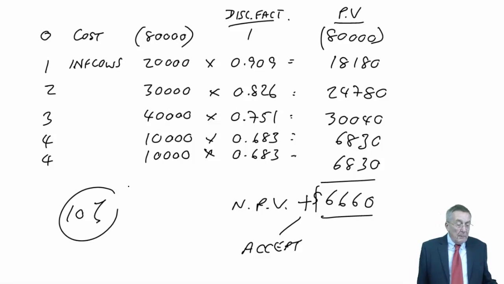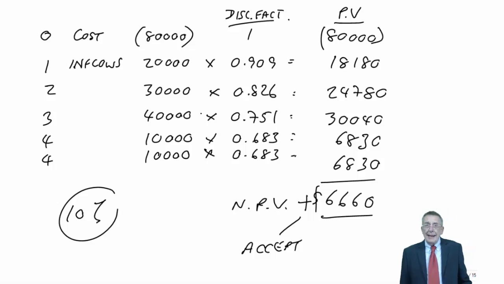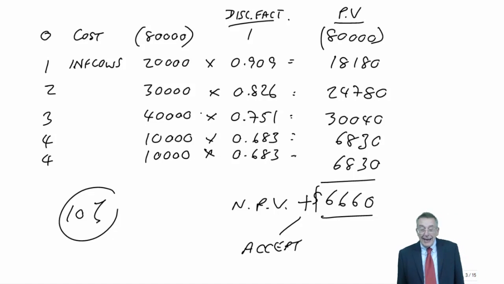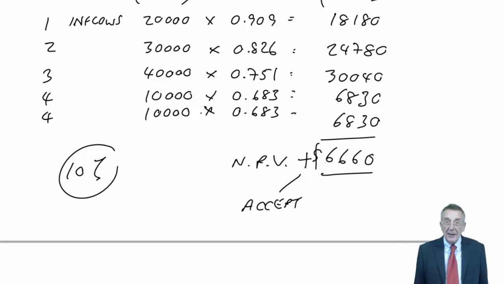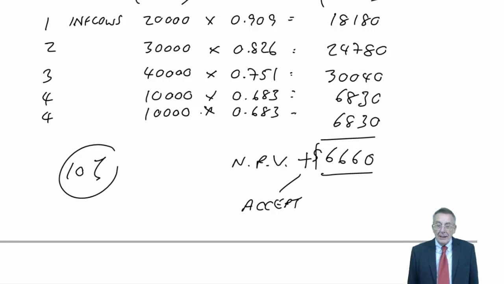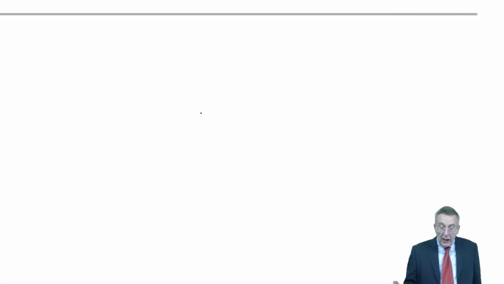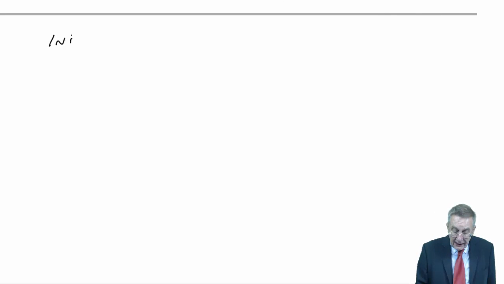And so, what's very common is to effectively calculate a break-even cost of money. And this is called, it's on the next page, the internal rate of return, or the IRR.